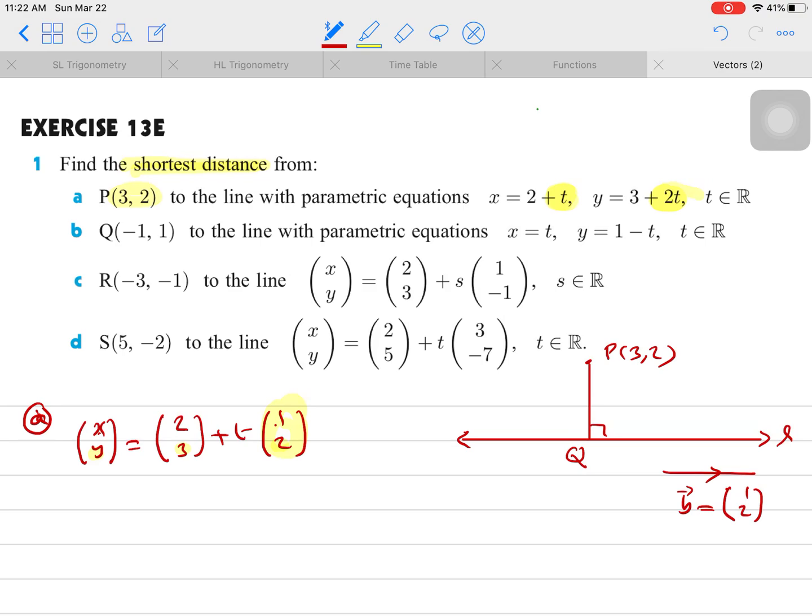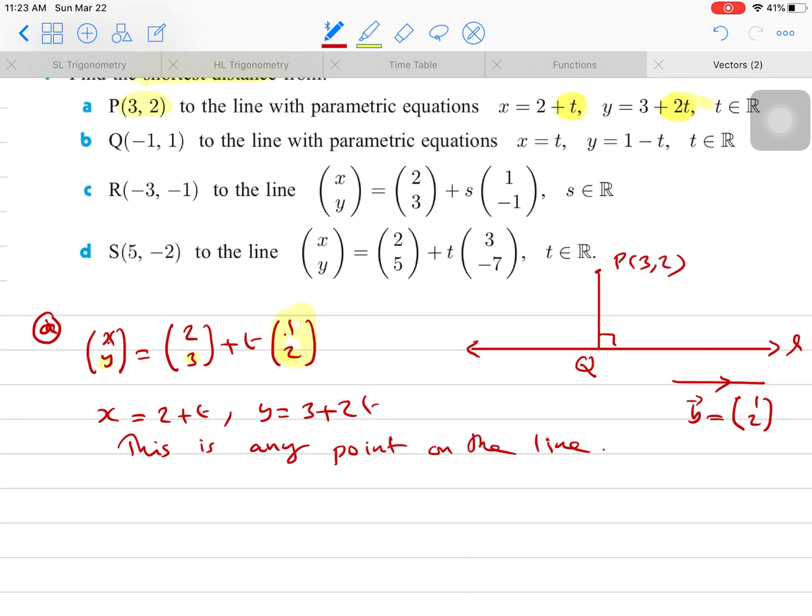Since the equation of the line is given in parametric form, x equals 2 plus t and y equals 3 plus 2t, this is any general point on the line. For different values of t, it gives me different points on the line.